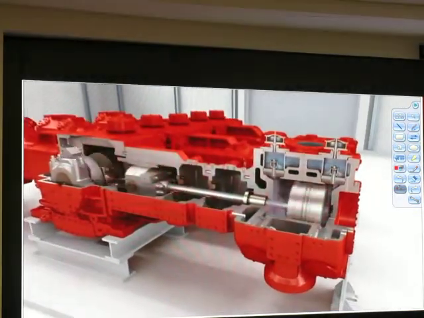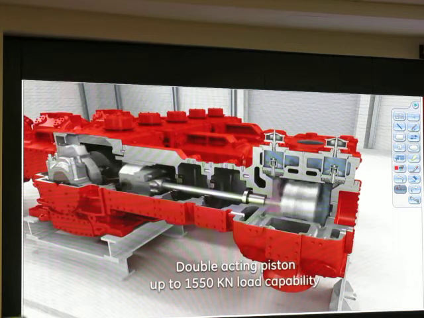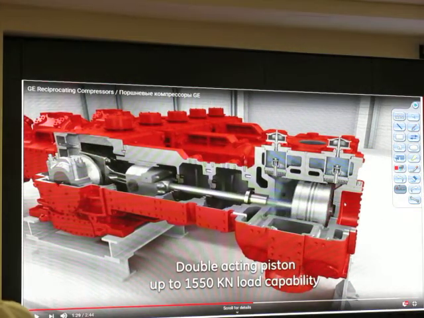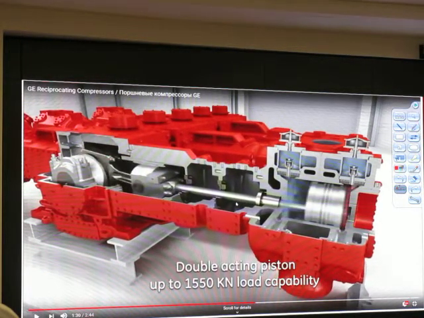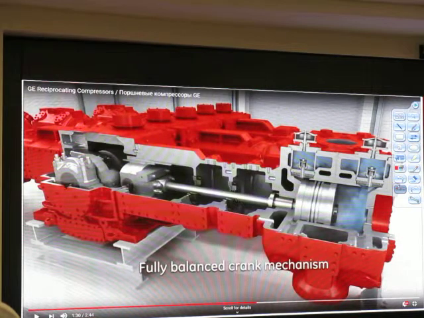Inside it has a double acting piston. What is a double acting piston? You see sometimes it's blue. You see that blue? Sometimes blue becomes red. Blue and red, blue. So red is kind of high pressure, blue is lower pressure. So it compresses when it pushes and when it pulls.